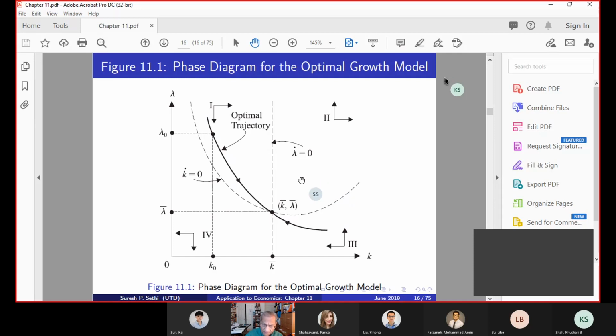What the economy is trying to do is, suppose somebody gives me a k0. If somebody gives me a k0, then I should solve the optimal control problem to find a lambda 0. If I find the right lambda 0, then that point, lambda 0, k0, is this point.